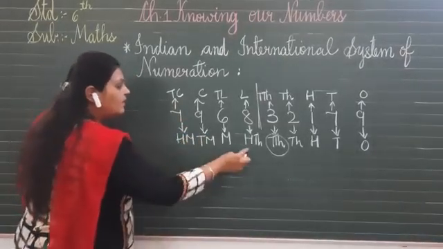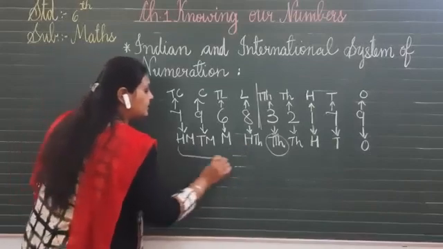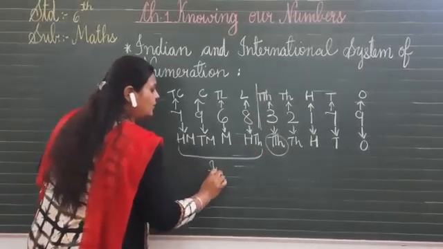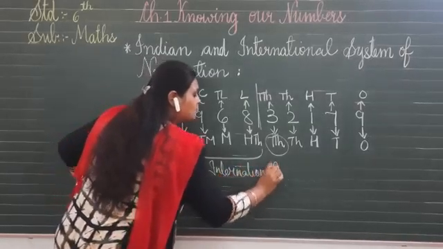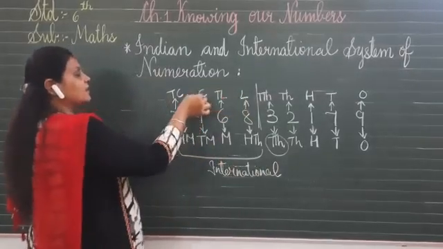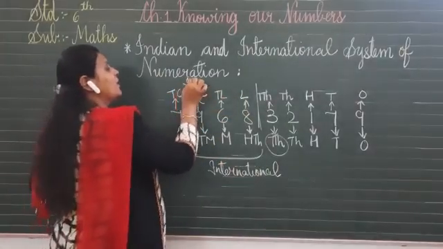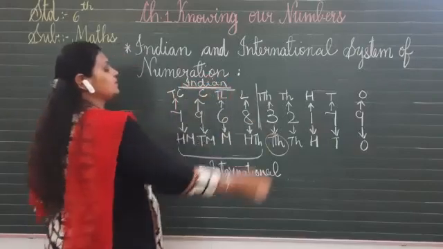So 100,000, million, 10 million and 100 million are included in the international system of numeration, whereas lakh, 10 lakh, crore and 10 crore are included in the Indian system.